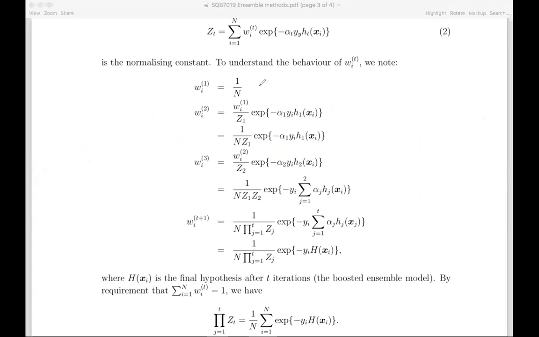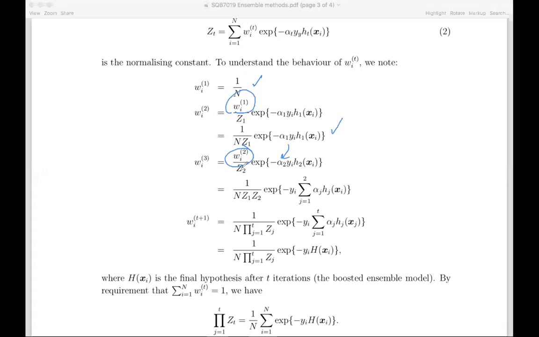At the beginning, you have 1 over n. The next update will use the previous one, so you replace 1 over n from the previous one. Then for step 3, you use step 2. This one comes in here and you make a replacement.